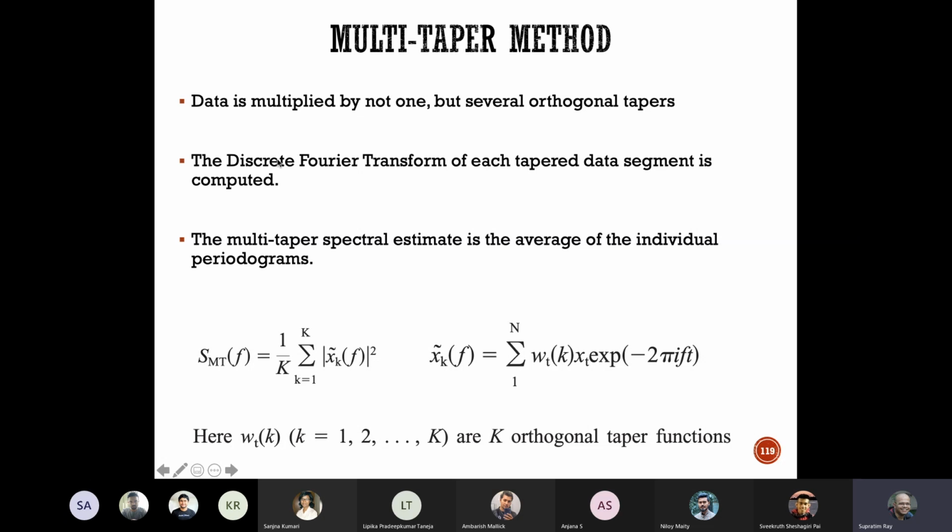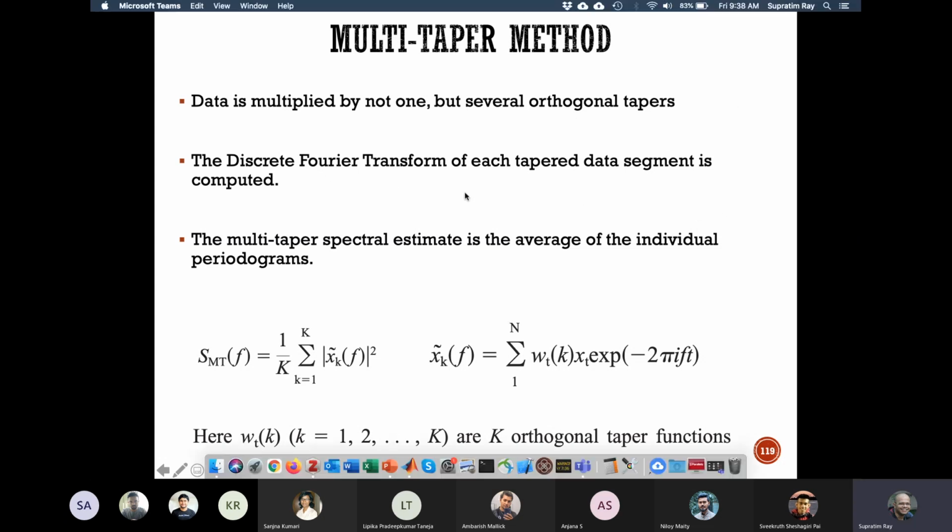Then I compute the discrete Fourier transform of each tapered data segment. And because the tapers are orthogonal to each other, the discrete Fourier transform of each tapered signal is essentially independent of each other. So I can then compute the average of those squared spectra.